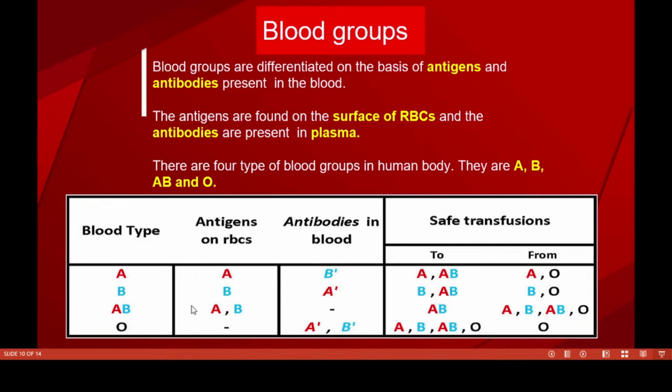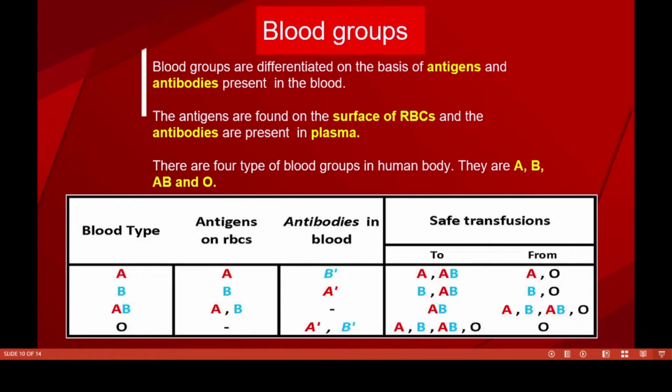Look at the table. Blood types A, B, AB, and O. What are the antigens on the RBCs? For example, A blood group means antigen A is present on the surface of the RBC. If the blood group is B, B antigens are present on the surface of the RBC.